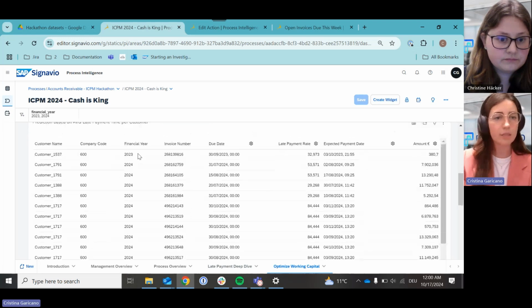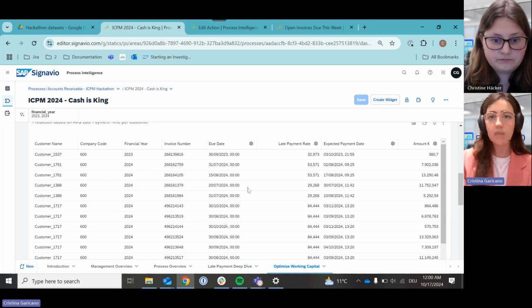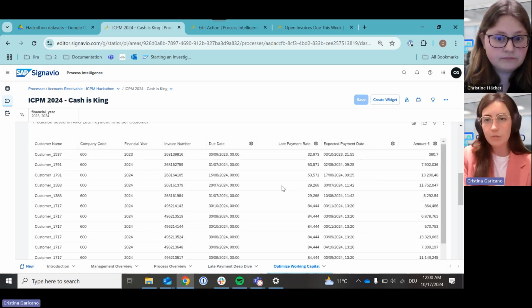So now we have this table, we can see this is the invoice for this customer, this is the due date, but since this customer is always late by 3 days, we expect the payment date to be this other one.